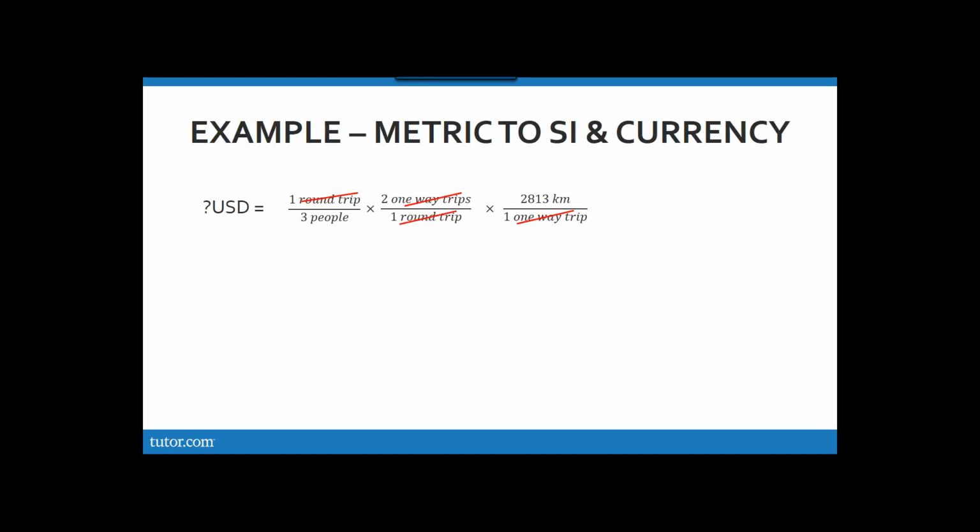It is a unanimous decision that kilometers should go on the bottom and miles on top. Because we want to cancel kilometers, we do want to make sure they appear opposite the previous conversion factor. So we want kilometers in the denominator and miles in the numerator. Good job. And so now kilometers are gone and we are at miles per people.